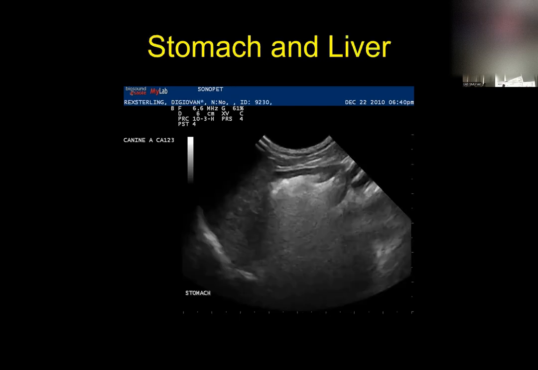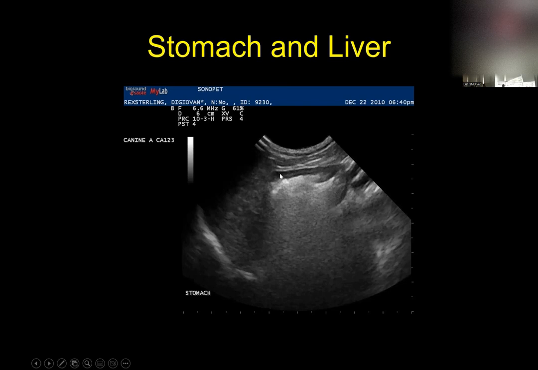Okay. This is more typical in appearance. This animal has a stomach bubble, so he's got gas in the stomach. And again, this area right up in here is the stomach wall. The stomach wall we know is probably down in here, but we can't see it because, again, ultrasound will not penetrate through gas and the bubble gets in the way, and that's why we can't see it down here.